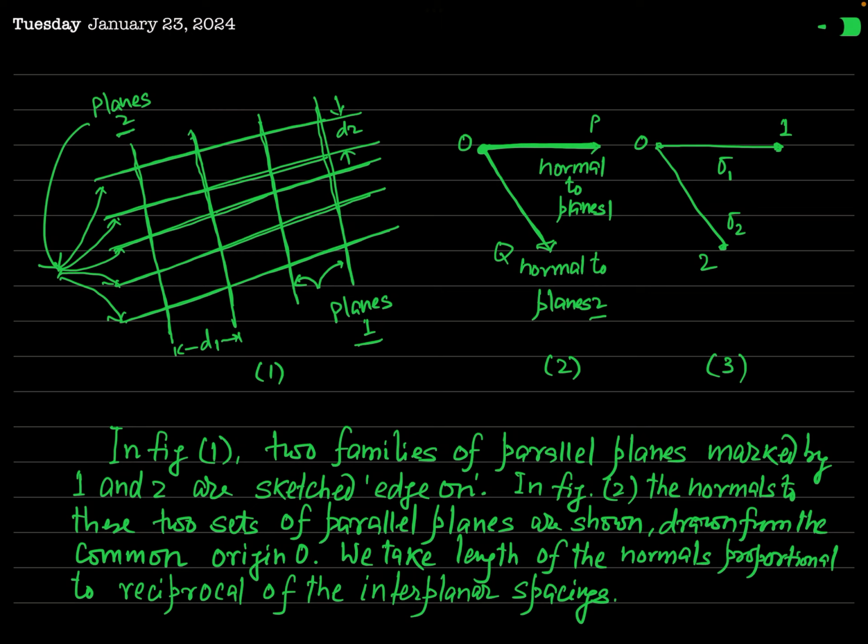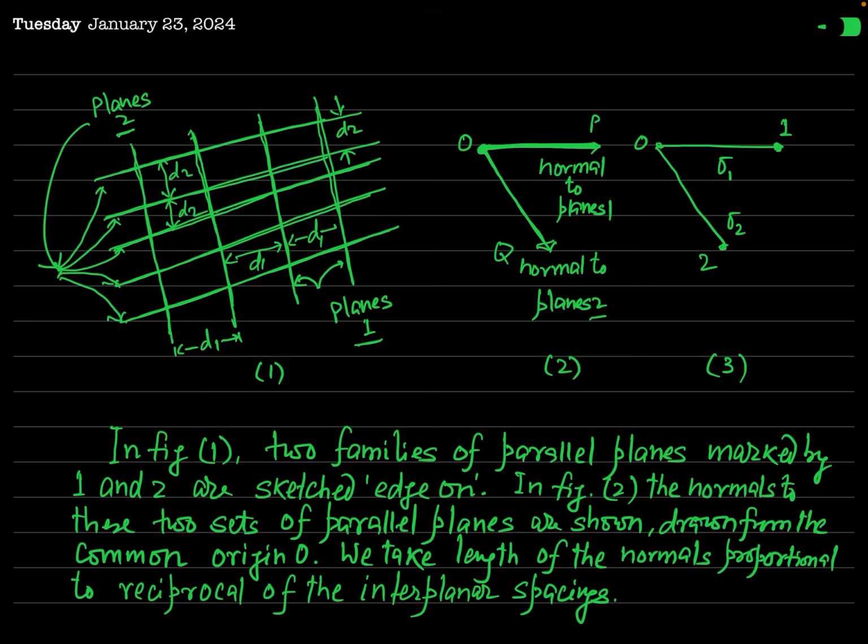If the interplanar spacing in case of the set of parallel planes marked by 1 is, let us say, d1, and the interplanar separation in case of the parallel planes marked by 2 is, let us say, d2.